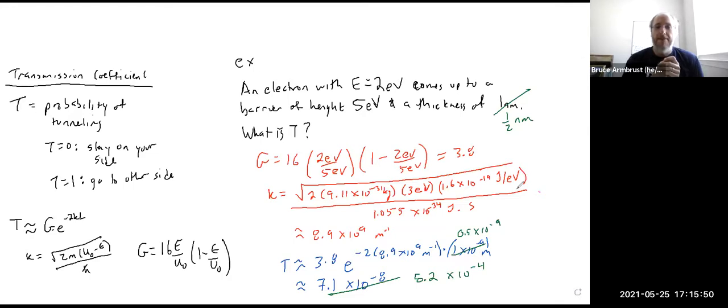And think of the height of this barrier as how deep the mud is. If you have to walk through mud that's up to your chin, that's going to be really tough, right? If it's only up to your knees, that's going to be easier, and you're going to be more likely to be able to make it through. Okay, but let's say you're in up to your knees, but you got to go 10 miles.